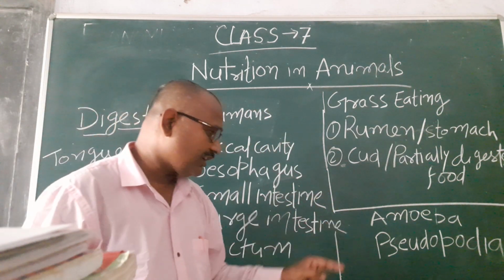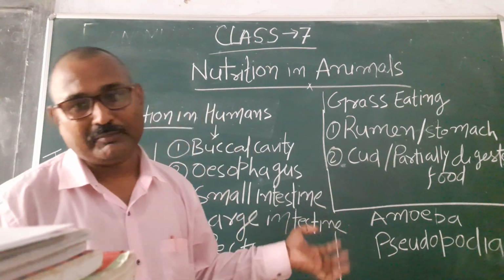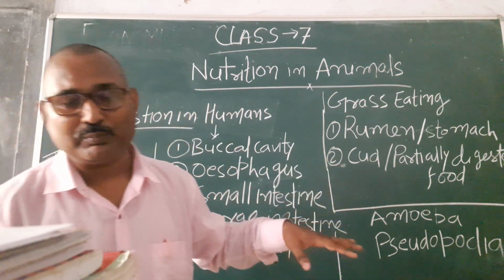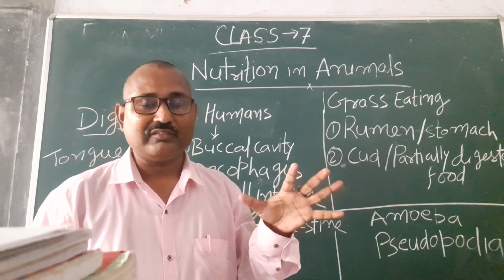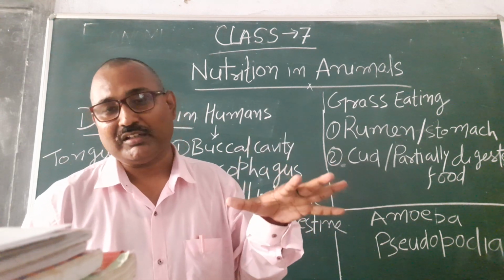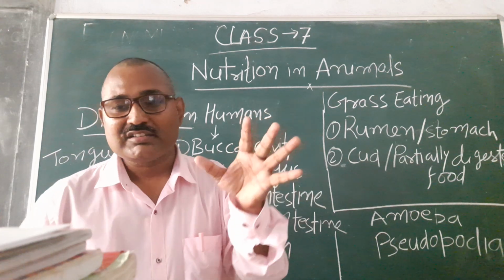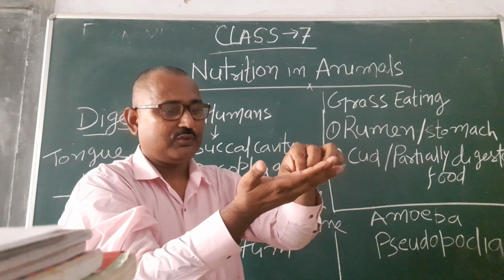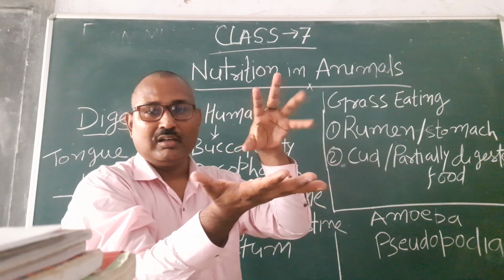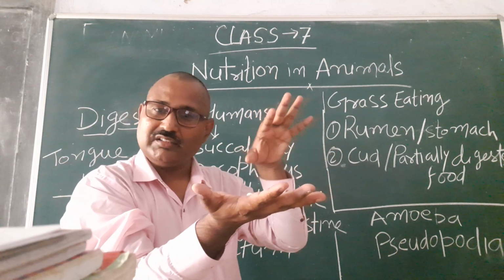So rumination is the process of digestion in grass-eating animals, right? Now the unicellular microorganism, amoeba. It has pseudopodia. Why is it called pseudopodia? Suppose there is a food product for amoeba. Amoeba has no fixed structure.